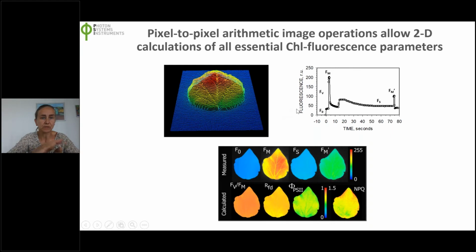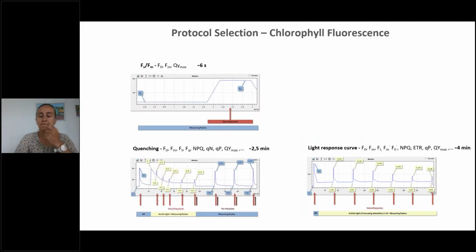And we can do pixel to pixel arithmetic calculations on the images that we obtain, resulting in the measured parameters and also the calculated parameters with all the spatial heterogeneity information. What type of parameters we obtain depends on the type of protocol the users select. And I think this was quite well introduced in the previous talk about the different parameters we can use.